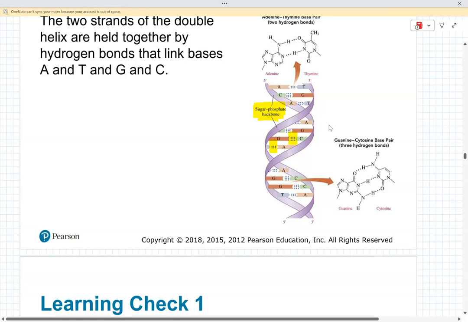So what is the function of DNA, folks? No, that's too broad. What is DNA? Like what is its function? It stores the genetic information, yes. Why do we have 2 strands? What is the biological importance of having 2 strands?